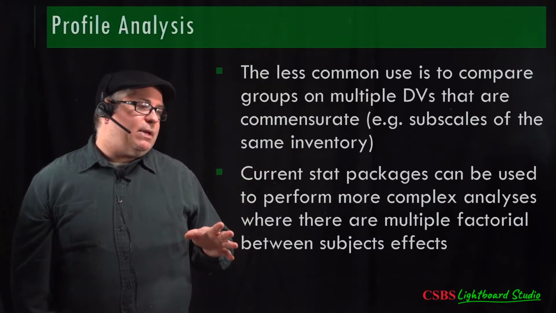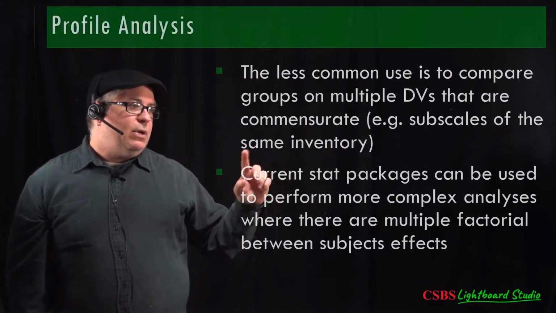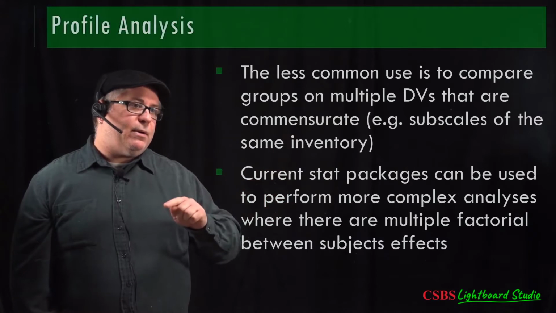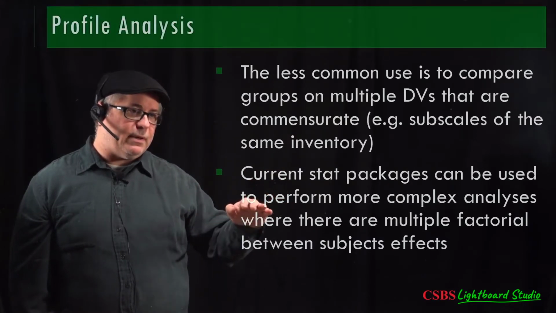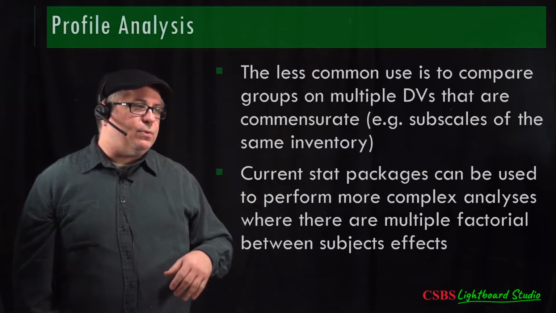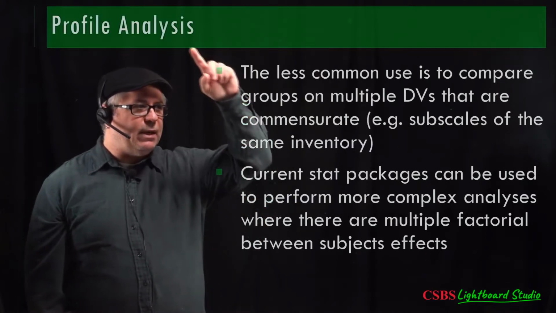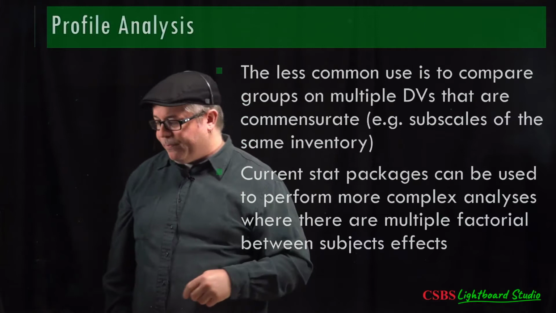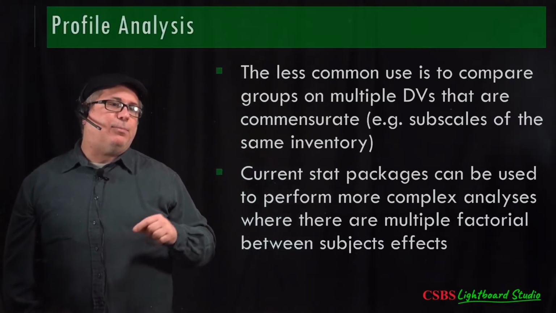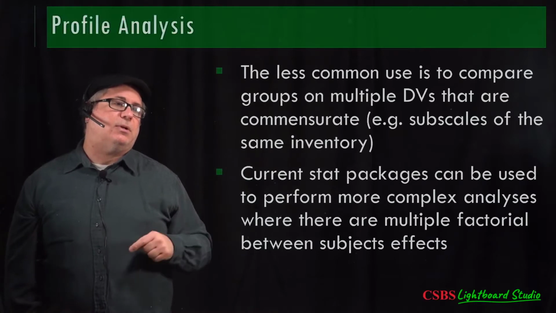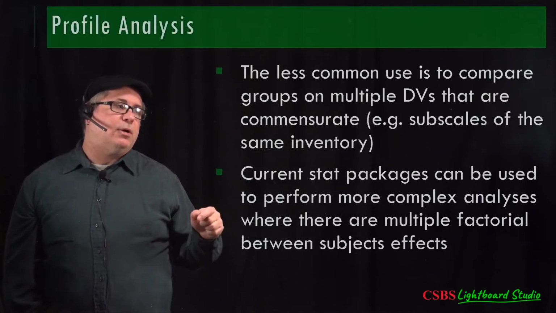If they're on the same scale, then you can use profile analysis to compare folks on different DVs that just happen to be on the same scale across two groups. That's really where the name profile analysis comes from. You want to know, do these different groups have the same profile across the repeated measures, or commensurate DVs?